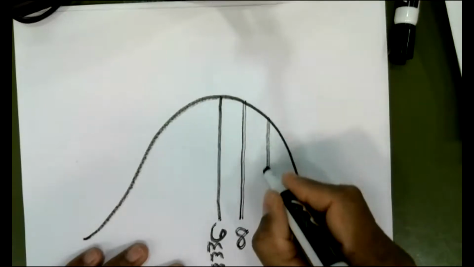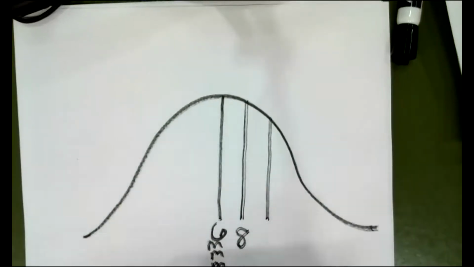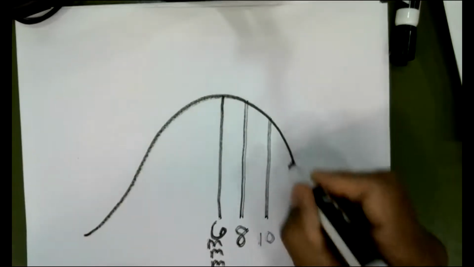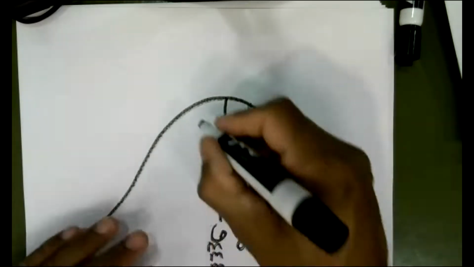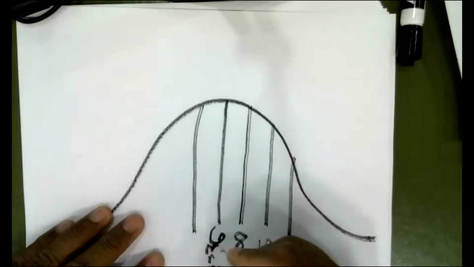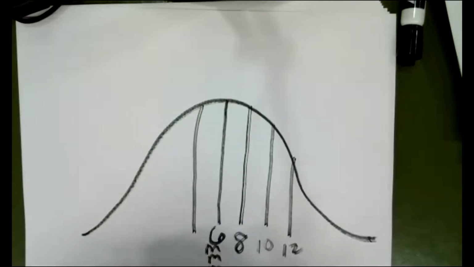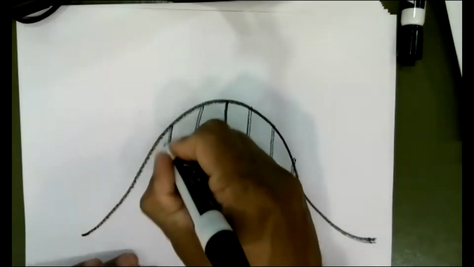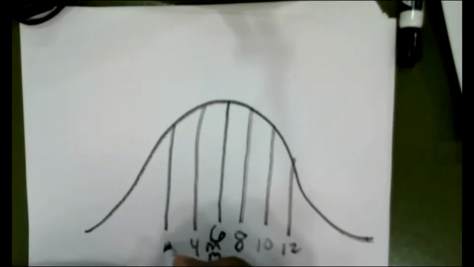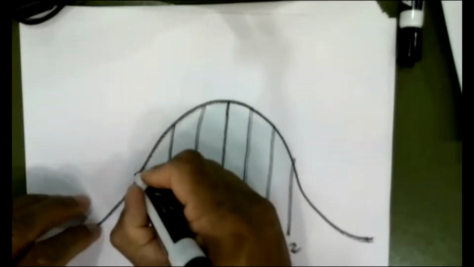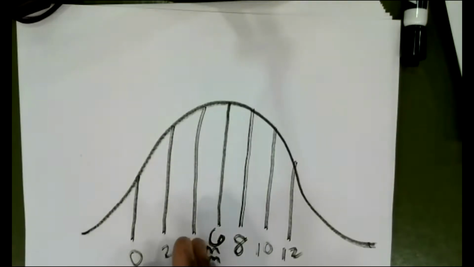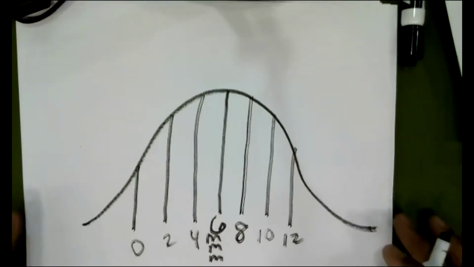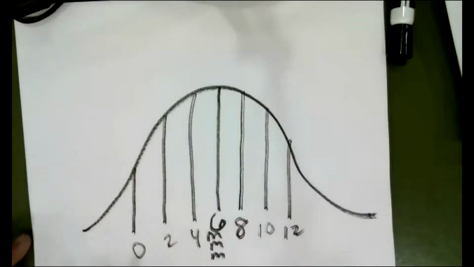One more standard deviation above the mean, 8 plus 2 is 10, and 10 plus 2 is 12. One standard deviation below the mean, 6 minus 2 is 4. 4 minus 2 is 2. 2 minus 2 is 0. That's my mean. That's my standard deviation. This is within a bell-shaped curve.